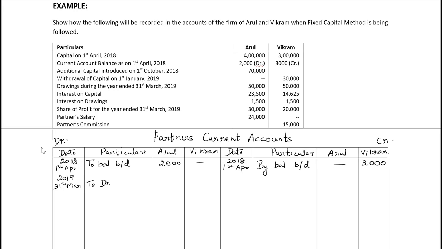To drawings, 50,000 for Arul and the same 50,000 for Vikram. Interest on capital, again at the end of the accounting period. By interest on capital.